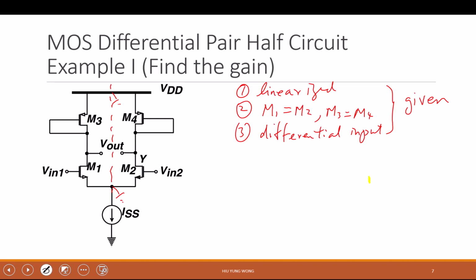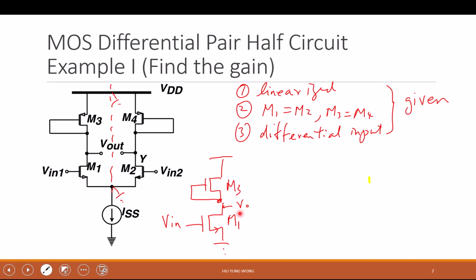So when I separate it, it becomes this circuit. Do you agree? How about the other half? How should we treat it? Same. I just put it aside, right? But then the result is the same, right?